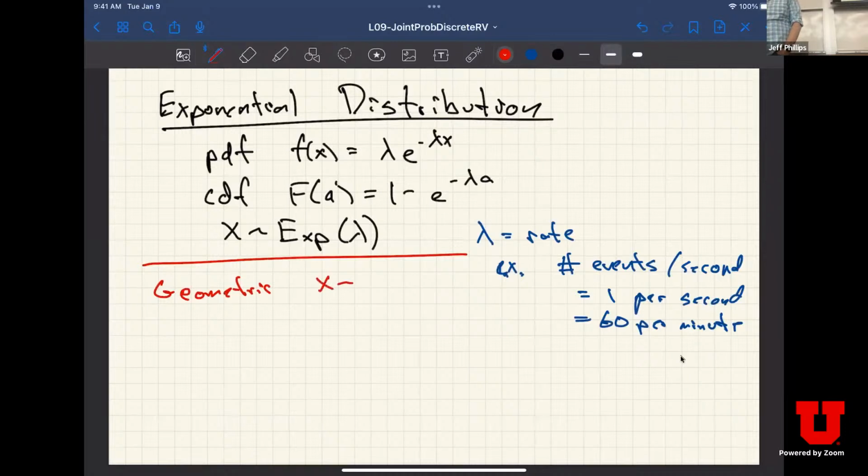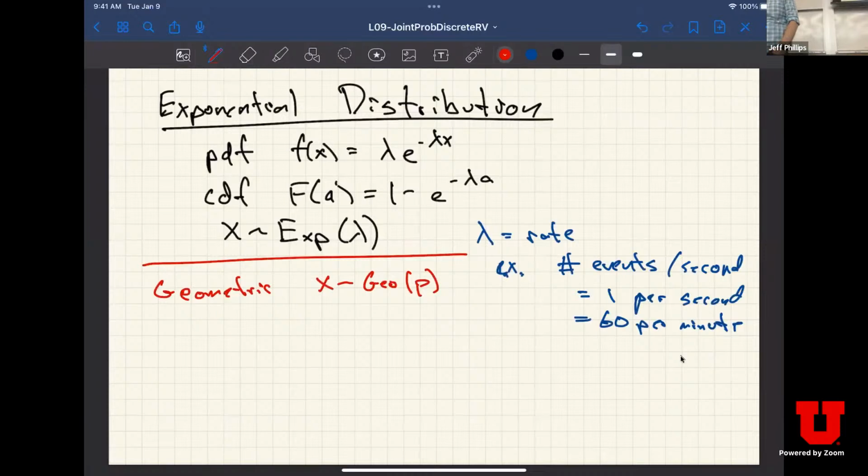It had a parameter p, the probability that an event happens in the next discrete chunk. The exponential is like if those discrete chunks become smaller and smaller, then eventually they blur together.